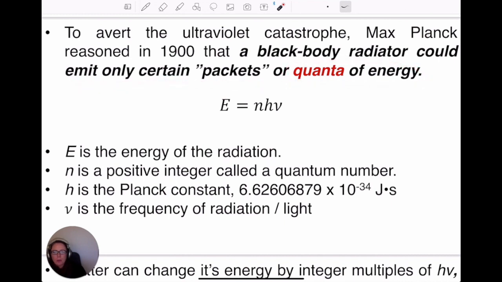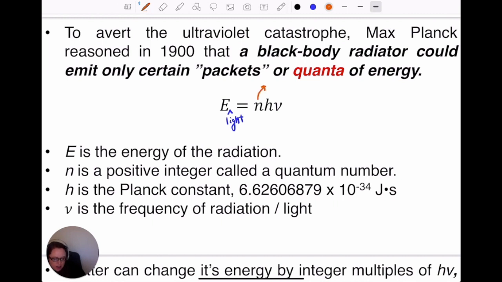So he said that the energy of a particular wavelength of light, we call this E light, is equal to some positive integer n times h times nu.